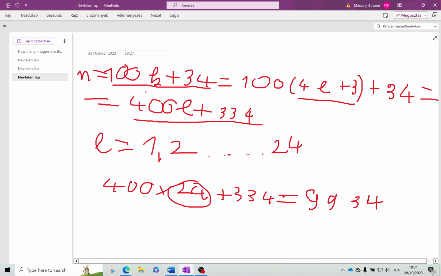It's based on how far away you are from the number that you want to reach, and sadly you need to try a few numbers to find out. Now I just wrote down 24 because I had the answer, but this is how it works. So any questions with this problem, or was it clear?